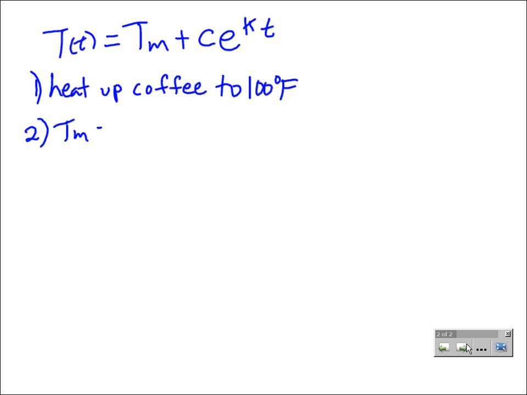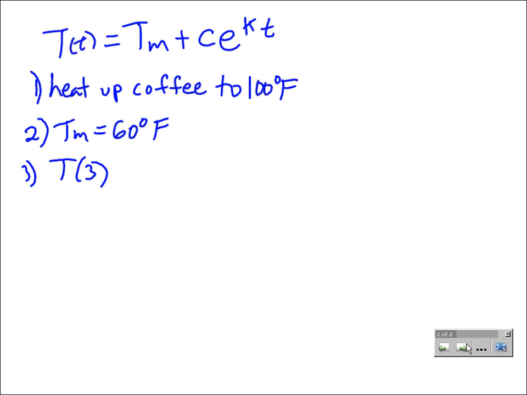Well, the temperature of the medium is 60 degrees Fahrenheit. You place the coffee into another room. And then you were told that after 3 minutes, the cup of coffee is 90 degrees.